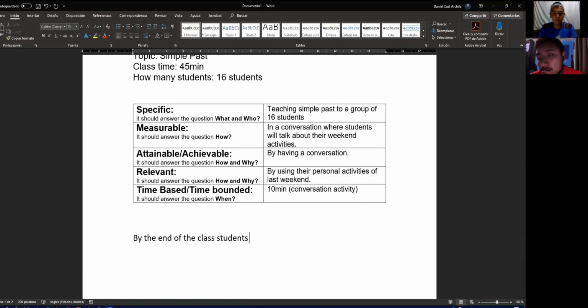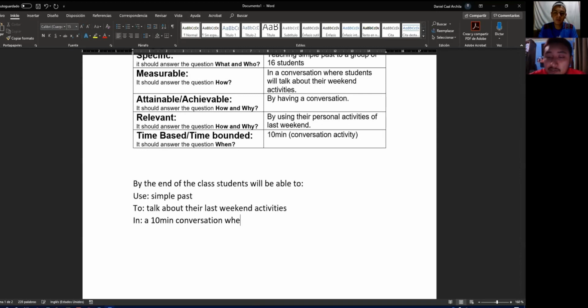So a way to do this is: by the end of the class, students will be able to use simple past to talk about their last weekend activities in a 10 minutes conversation in which student A will be sharing with student B their last weekend activities.